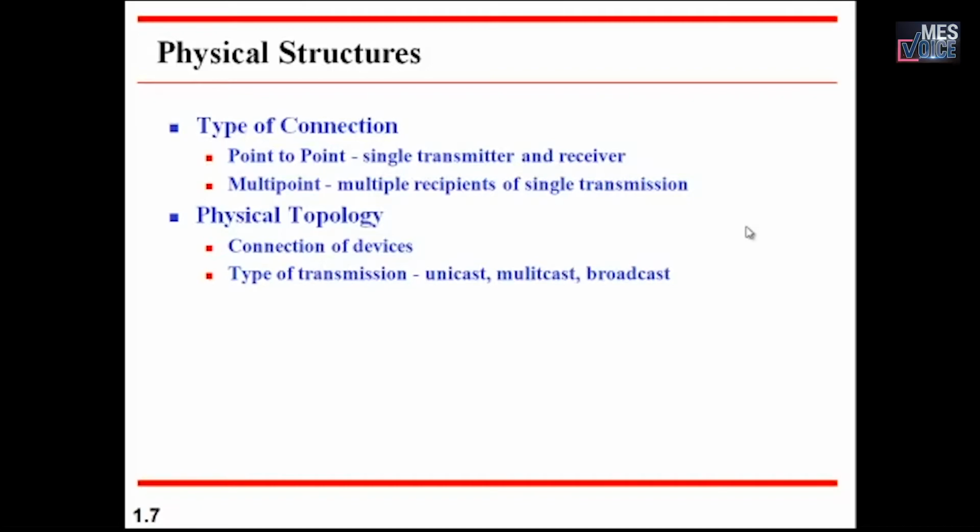The transmission could be a unicast one, where a message is intended exclusively for a destination. Could be a multicast one where a message is intended for a group, and it could also be a broadcast message where the entire participants of the network are intended recipients.